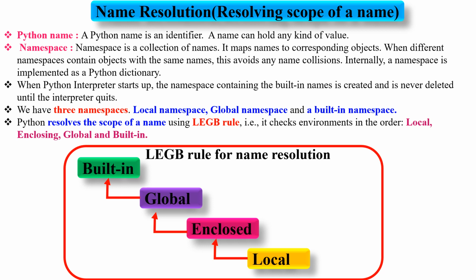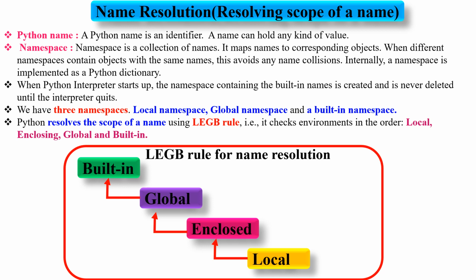Next is global namespace. The global namespace is associated with the main module or the module at the top level of the program. It contains names defined at the top level of a script or a module. These names can be accessed throughout the module. However, to modify them inside a function, you must explicitly declare them as global using the global keyword.